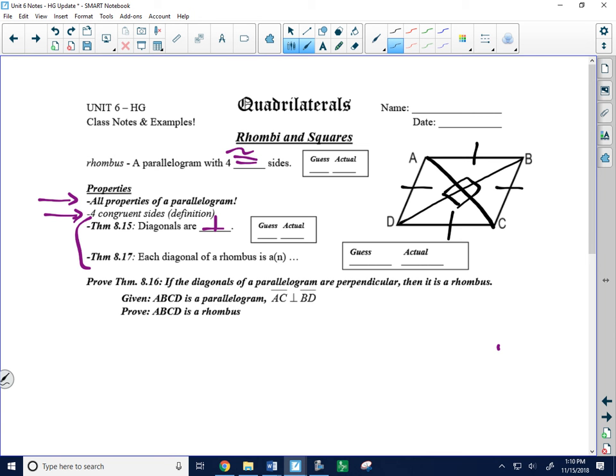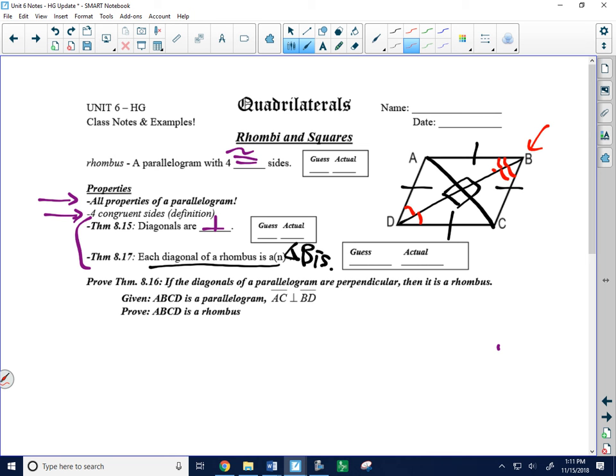Then the other property is each diagonal of a rhombus is an angle bisector. So the diagonals are angle bisectors. So let me show you on the diagram, like DB is bisecting this angle, cutting it in half. Now up here, still on DB, but at this angle, I would normally say, all right, well, it's bisecting, so it makes different angle measures here.